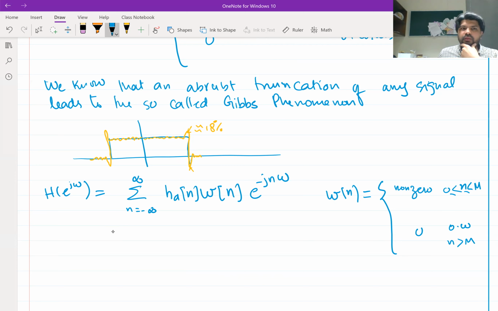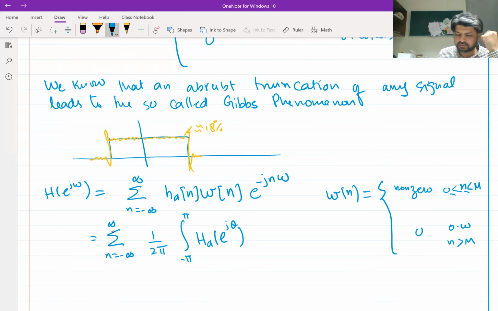And then we do something that we have been doing very often. We would apply the definition of hd of n here. So that would be equal to summation n equals minus infinity to plus infinity, hd of n can be written as 1 over 2 pi integral from minus pi to plus pi hd of e to the power j theta, because omega is already used as a variable.